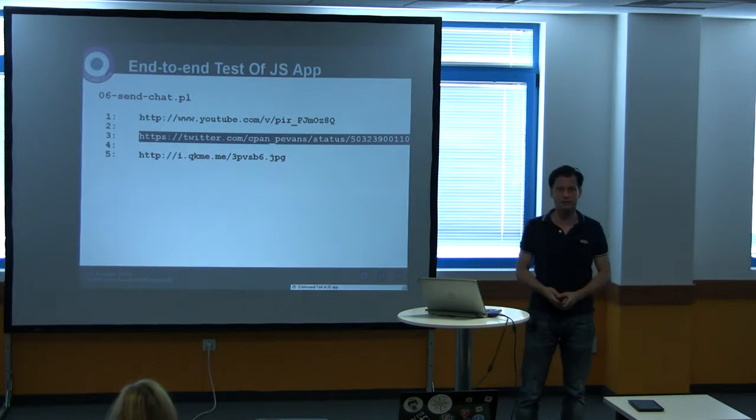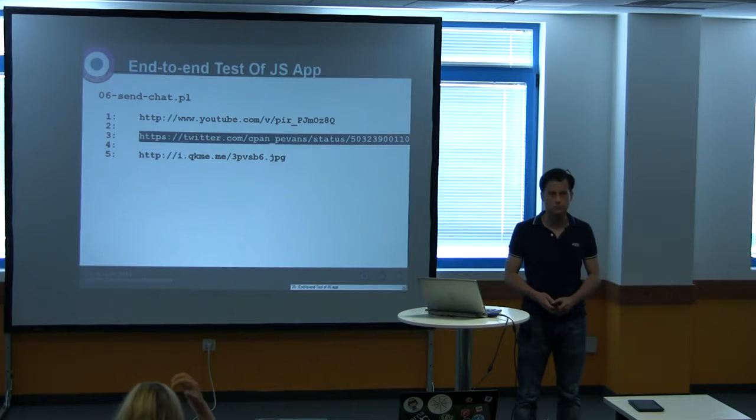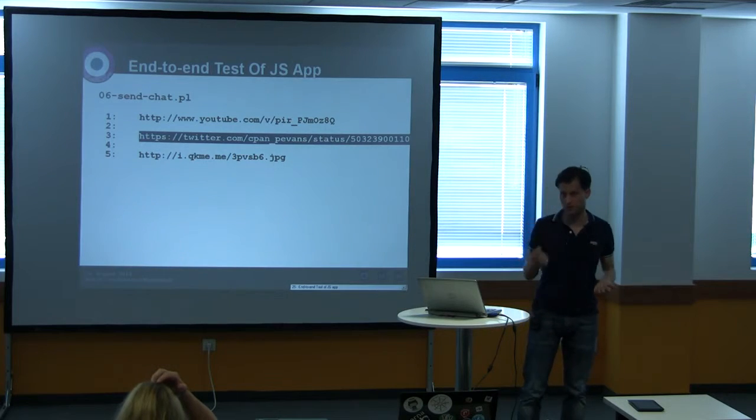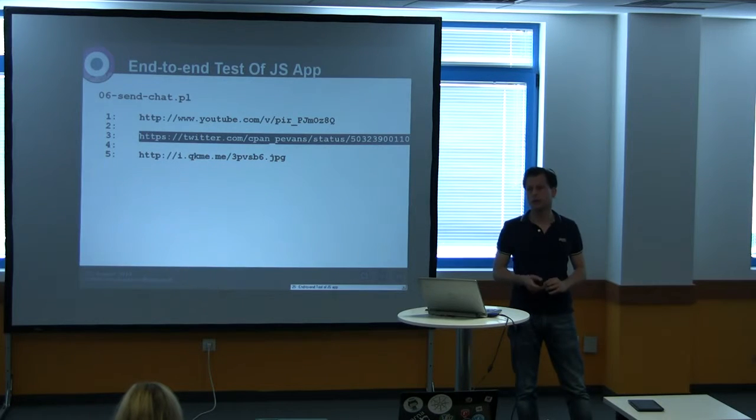Another question, yes? If there are JavaScript events attached to HTML elements, like an on-click event on some link, and you generate that event from Mechanize, like you get the URL and simply call click, is the JavaScript event fired? The question is if there are JavaScript events attached to elements, for example, an on-click handler on a URL, is that on-click handler fired?